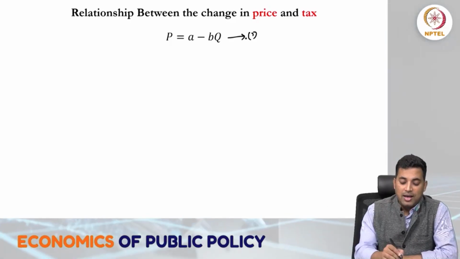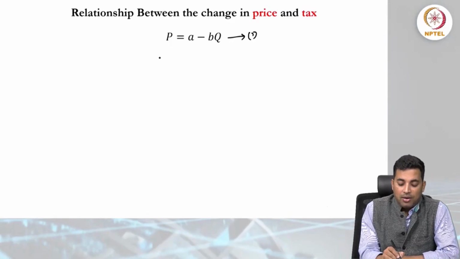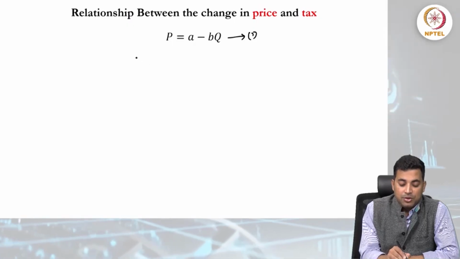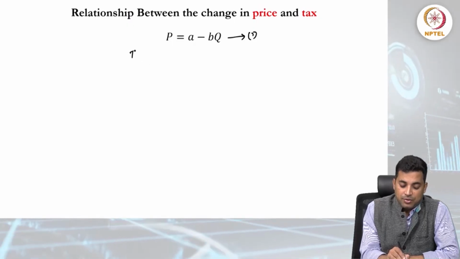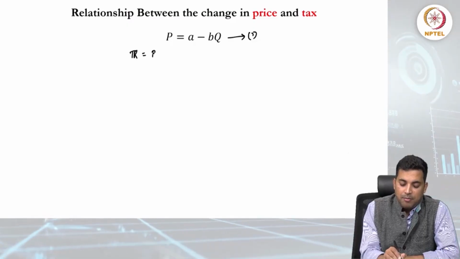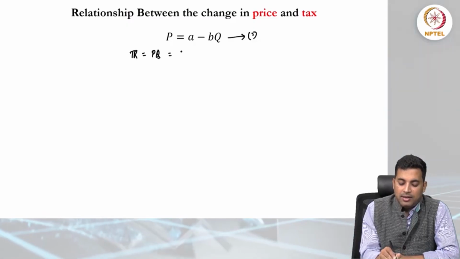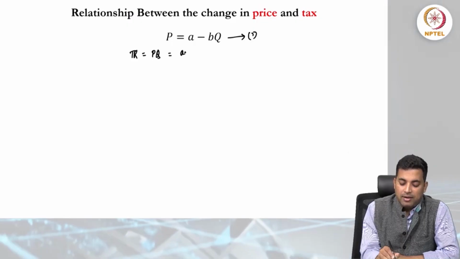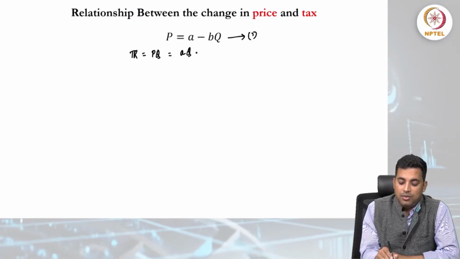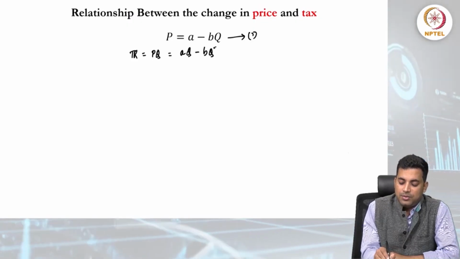Let us assume this is the demand function, and let us see what the total revenue function would be. Total revenue, as we know, is P times Q, and with the value of P we get AQ minus BQ square.